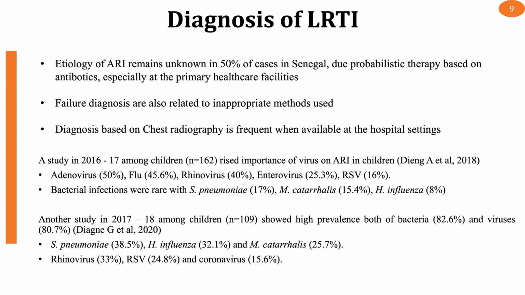And the diagnostic findings are also related to inappropriate methods used. As I said, culture and isolation are not available in most laboratories because they are not equipped to make this kind of diagnostic, but also molecular diagnostic.